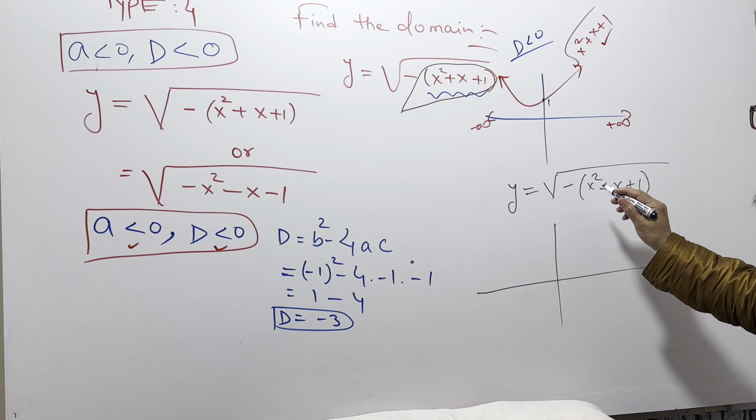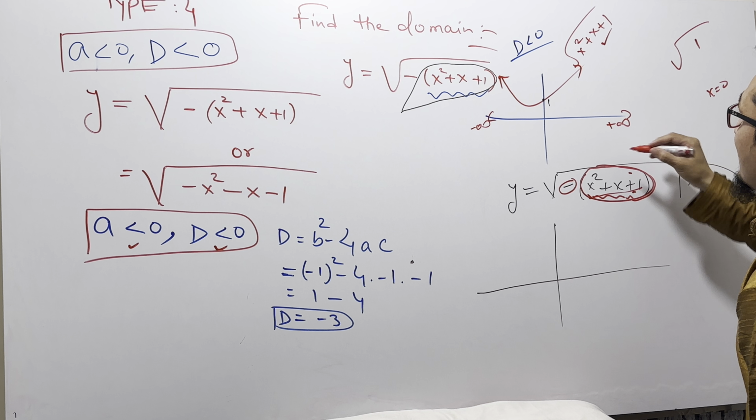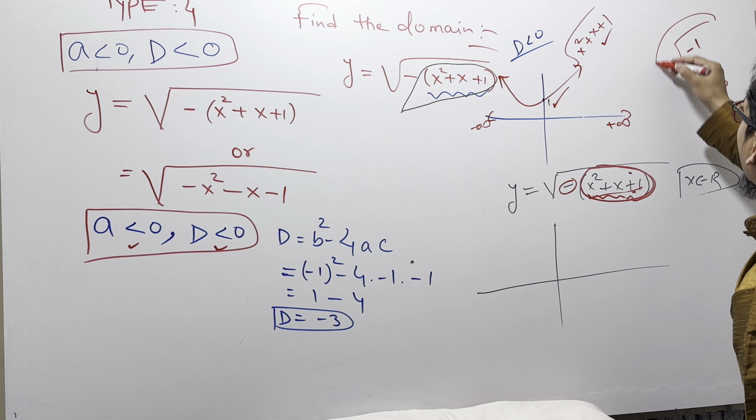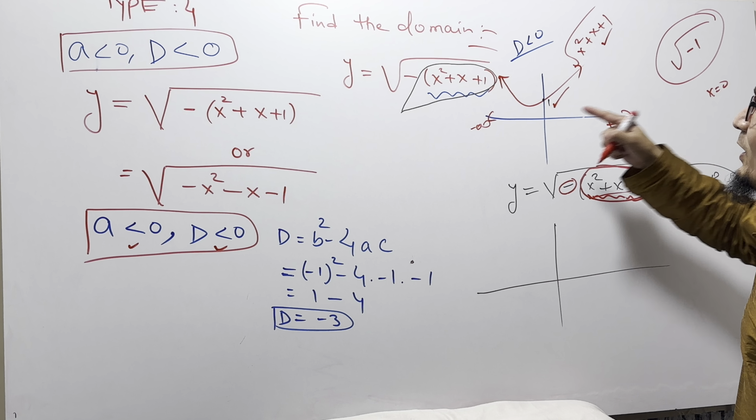This one always has a positive value, but this one has a minus. For example, if I give x is equal to 0, this is 1, but what we have is minus 1. So we cannot find the real value of y.